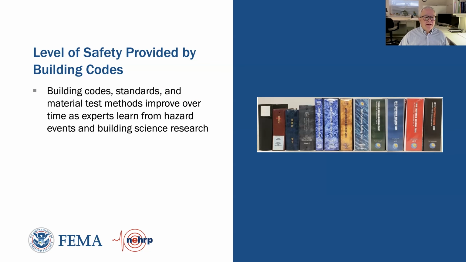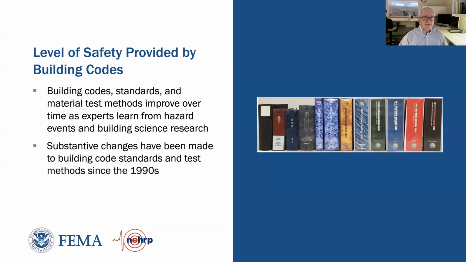Building codes and standards and material test methods improve over time as experts learn from hazard events and building science research. This is a condition where we see an earthquake, we see the damage or wind damage from a hurricane or a tornado, and we make adjustments to the building code.